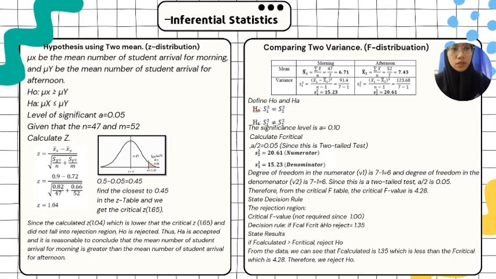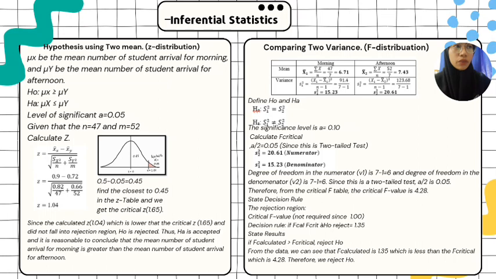We find the closest to 0.45 in the Z table, and we get the Z critical is 1.05. From that, we can conclude that Z calculate is lower than Z critical, and we reject H0. So it is reasonable to conclude that the mean number of student arrivals for morning is greater than for afternoon.